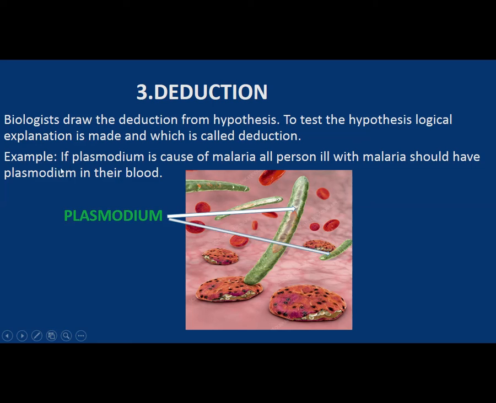In our example, if Plasmodium causes malaria, all patients ill with malaria should have Plasmodium in their blood. You can see this is a blood sample, and in green color these are Plasmodium, present in the blood cells, and they destroy the blood cells.